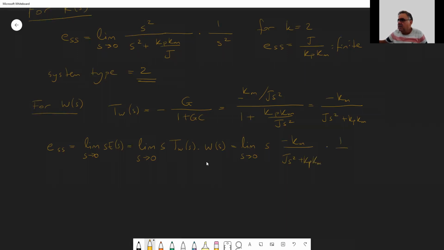Well, you can add 1 over s here. These s's cancel. So what we have is ESS equals minus 1 over Kp for unit step disturbance.